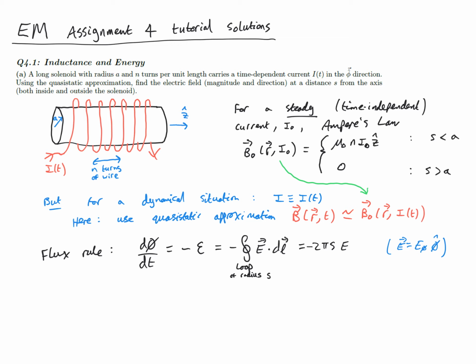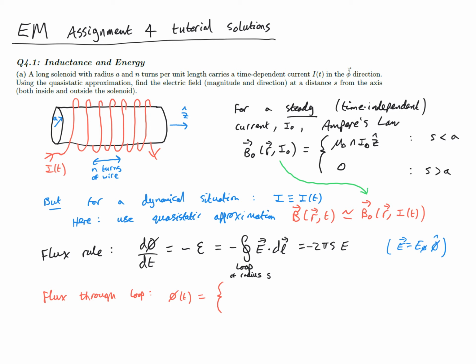Good. So what is the flux through the loop? We call that phi, and of course in this case it's time dependent, so let me mention explicitly that it's phi of t, and we actually have two distinct scenarios depending on whether we're inside the solenoid or outside.